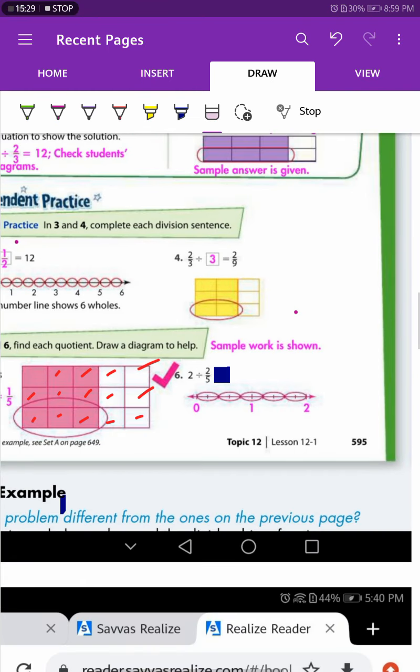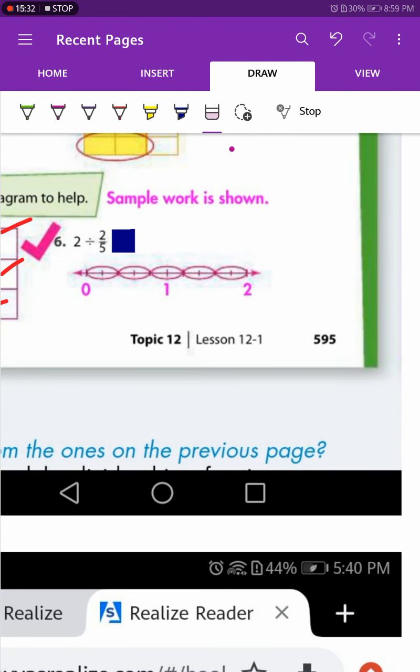Now another example here. What is the answer? The answer is the number of circles. 1, 2, 3, 4, 5. So the answer is 5. Okay, if you ask me about the dividend, you get it from here. It is 2.